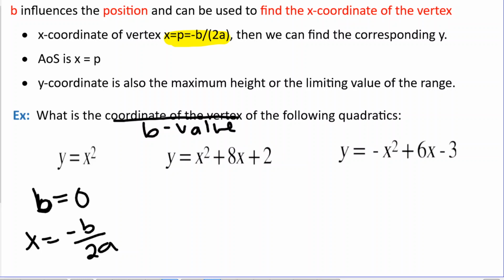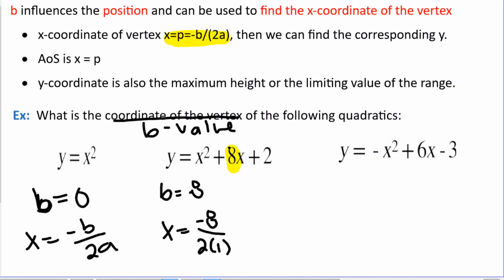Looking at my next one, again, I'm looking for the b value, in front of the x term. In this case, my b value is 8. So if I wanted to find the x-coordinate of my vertex, I'm going to plug in b into the top. So negative b, I put in negative 8 over 2a.